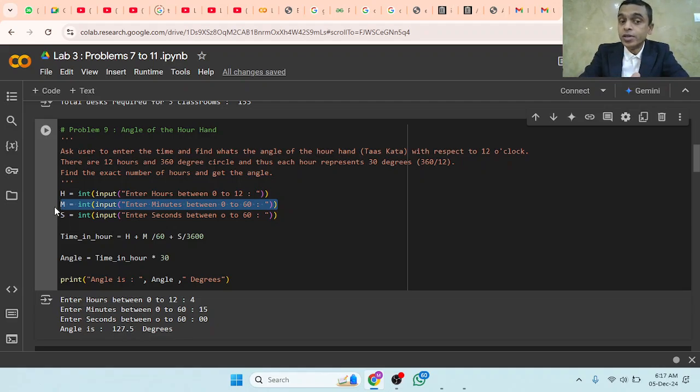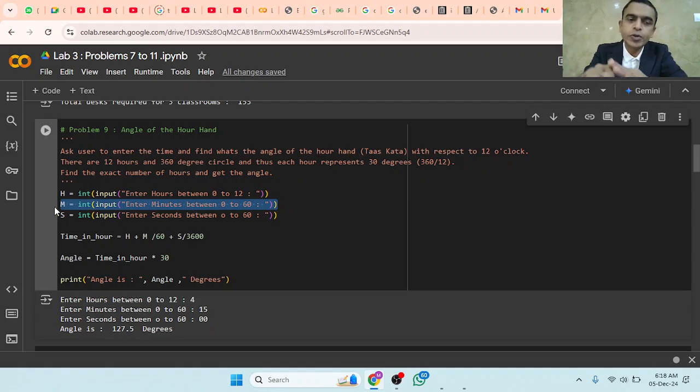Now look at this. Our program is a beginner level program, and if somebody does mischief and enters number of hours equal to -3 or 15, our program is not capable of handling those inputs. Later, when we progress further, we will have input validation where the hour h should be between 0 to 12.